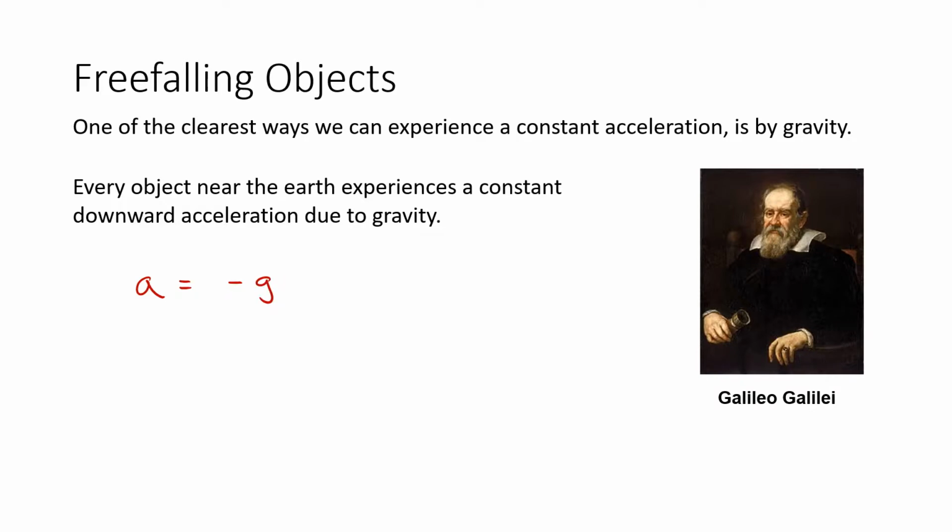So in all of those kinematic equations I brought up before, wherever it said a, you can always replace it with negative g, because we're always calling down negative, and g is 9.81 meters per second squared.